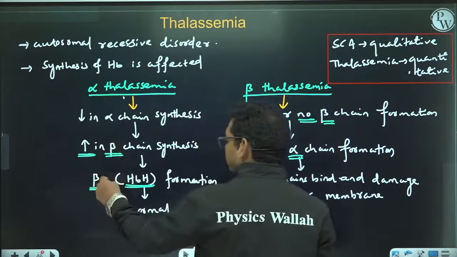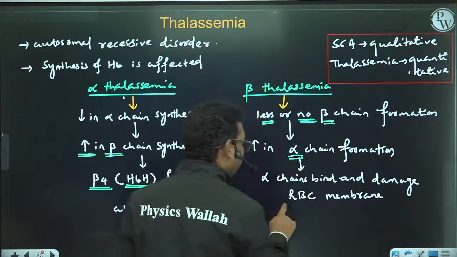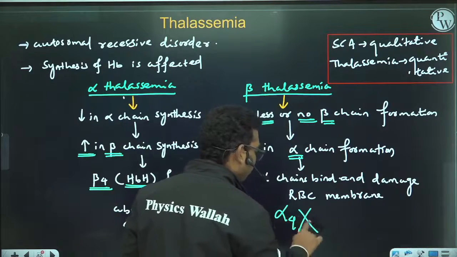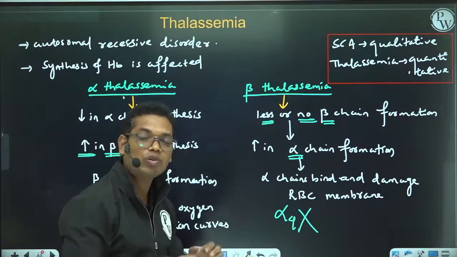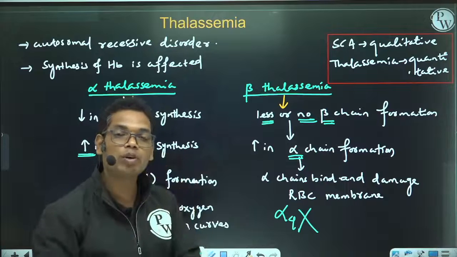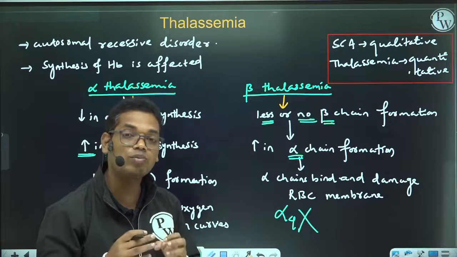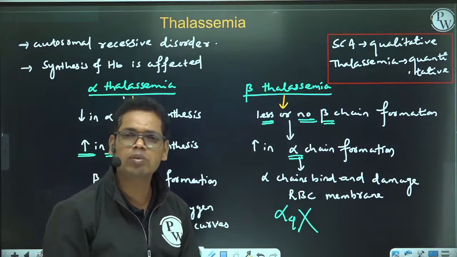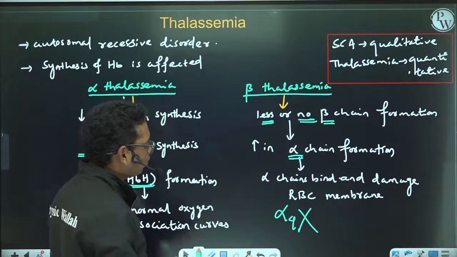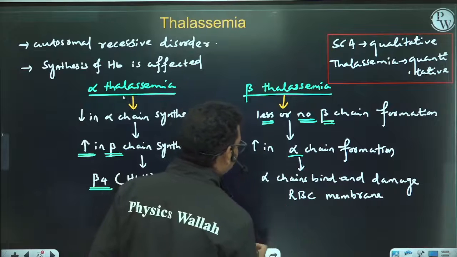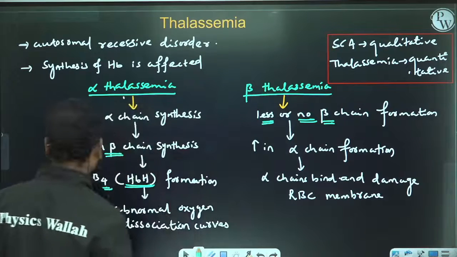In this case, beta 4 is formed, but in this case, alpha 4 is not formed. So what is this alpha chain going to do? This alpha chain will bind to the plasma membrane of the RBC, and that will cause rupture of the RBC plasma membrane. So ultimately, that will cause damage or death of the RBC. Okay. So this is thalassemia.